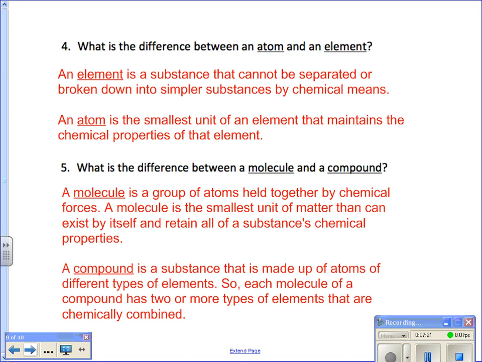So when we talk about an atom and an element, we're talking about a single unit, a single atom. A molecule is larger. It is comprised of more than one element bonded together with chemical forces. And the compound cannot be broken apart or it becomes something totally different.